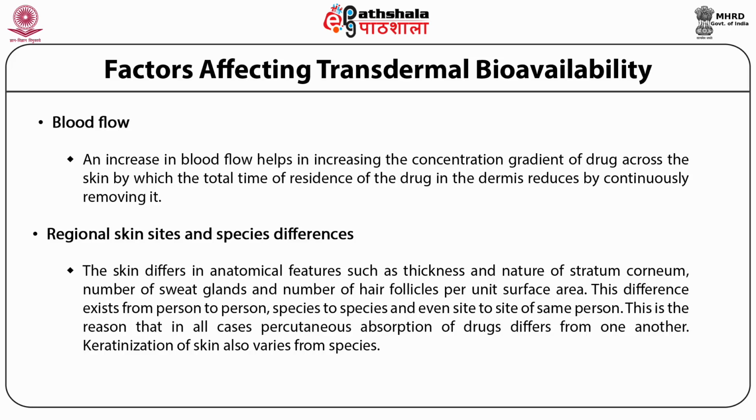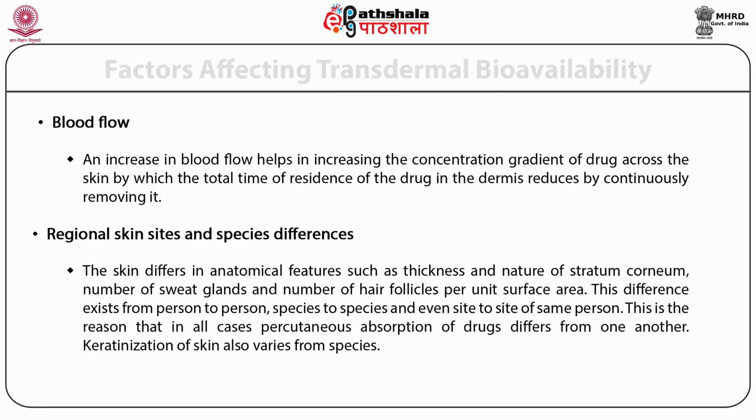This difference exists from person to person, species to species, and even site to site of the same person. This is the reason that in all cases, percutaneous absorption of drugs differs from one another. Keratinization of skin also varies from species to species.